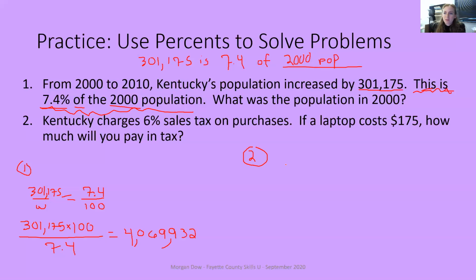So what is the missing piece? Are we missing the whole, the part, or the percent? In this case, we are missing the part, right? The amount you pay in tax is going to be some small part of the total price. So I'm going to set up a proportion.